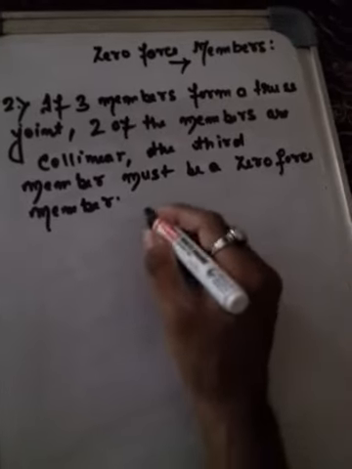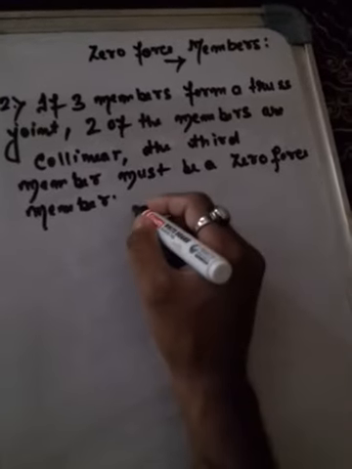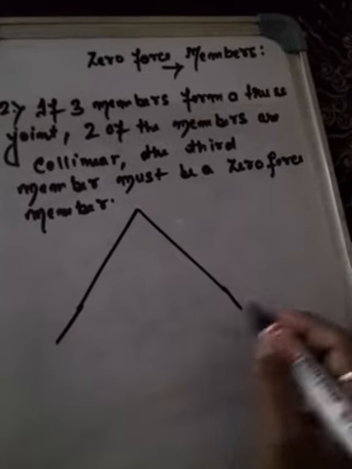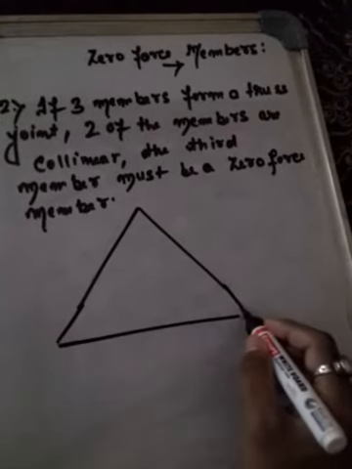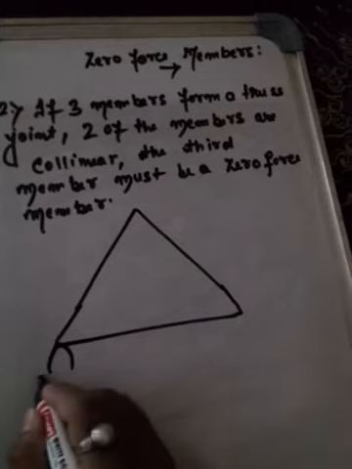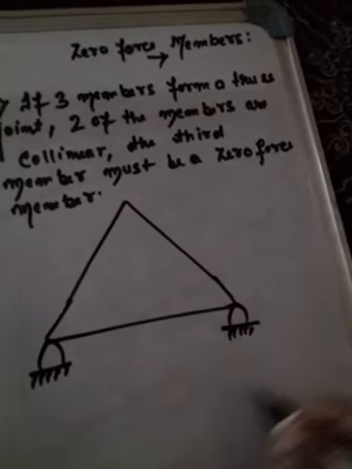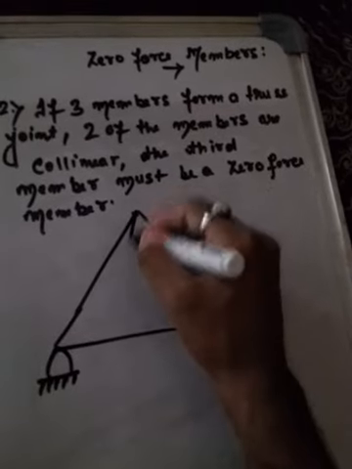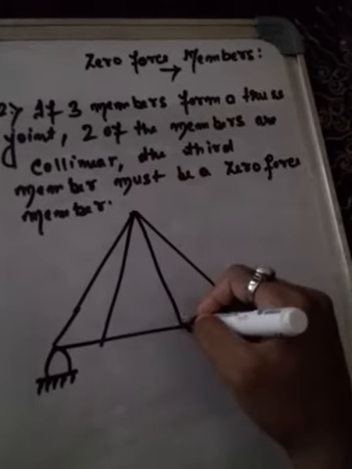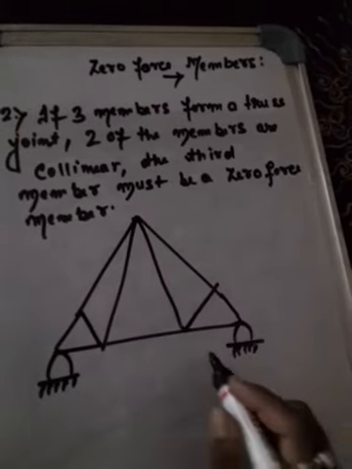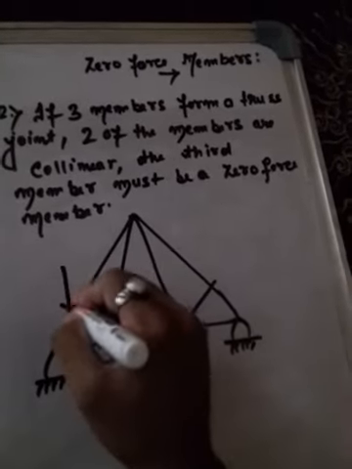Okay, we will quickly see the case study which we had done. For this problem, this was your triangle and this was the support. So let us name it. Suppose a load is acting.